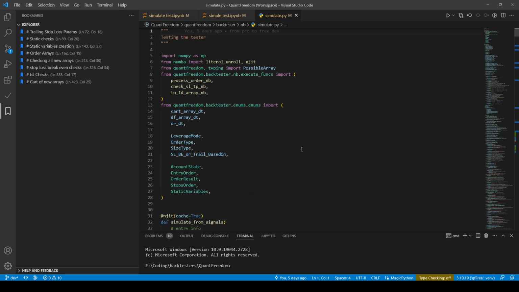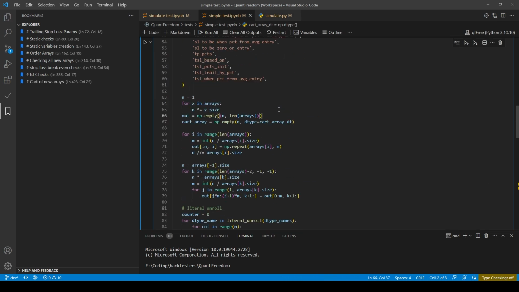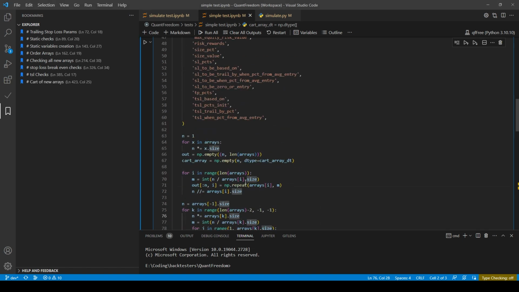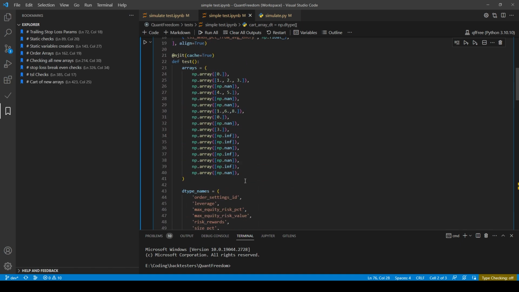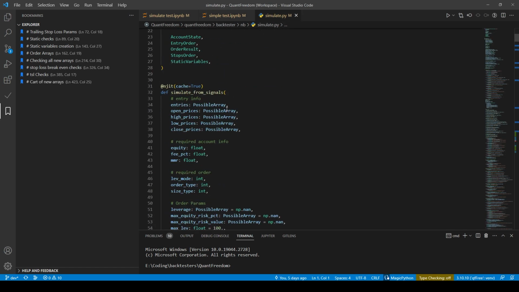I literally copy pasted. What is this? This is weird. How the hell does it work here? But then I go into here and it does not work.